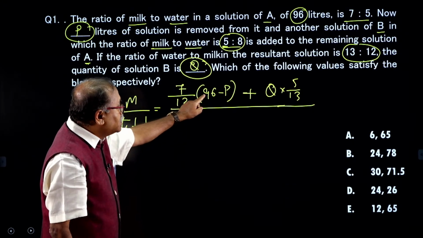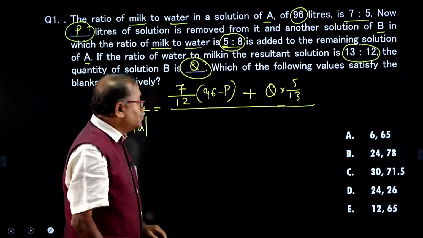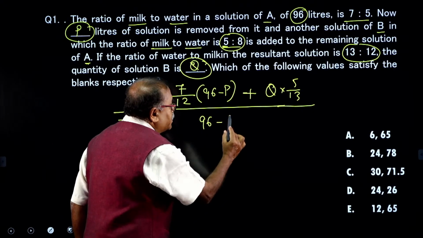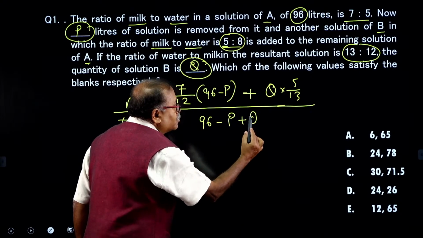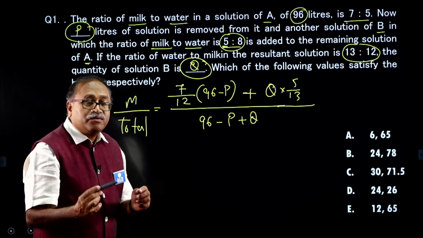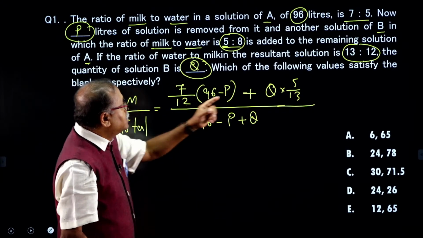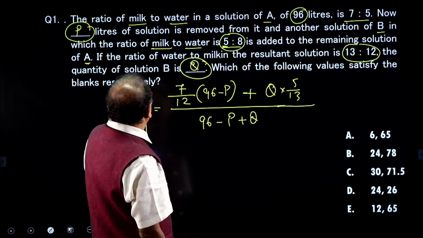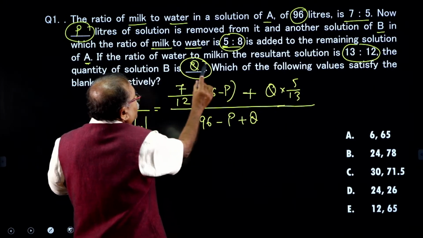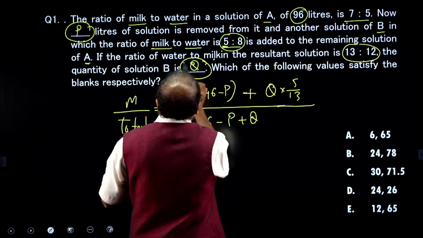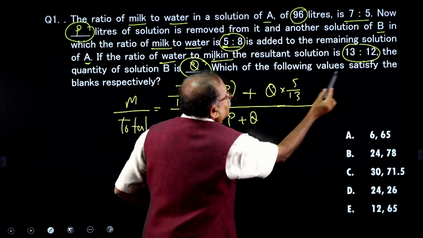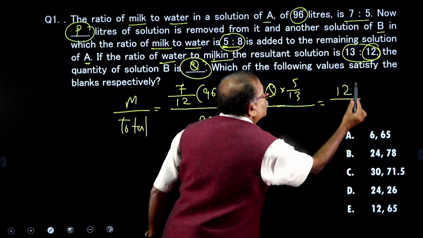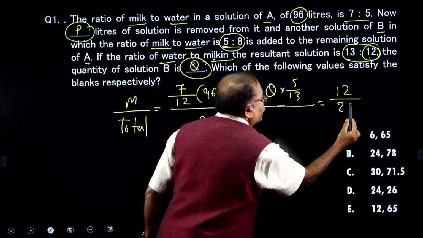The total is 96 minus P plus Q. And what is the given ratio for that? The ratio given is water to milk, 13/12, so milk to total is 12/25.